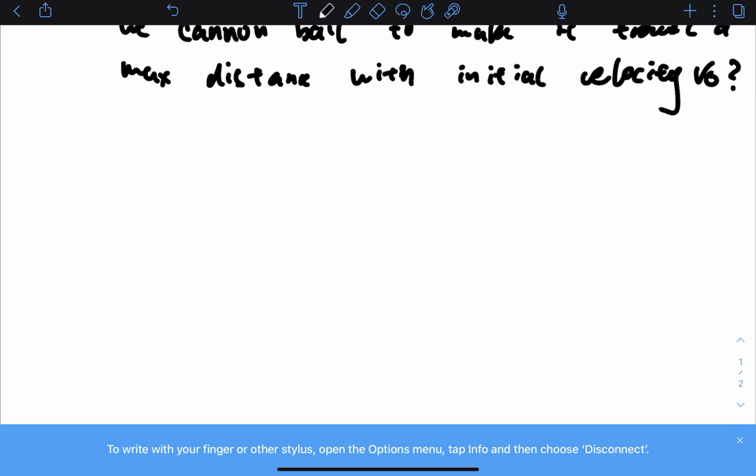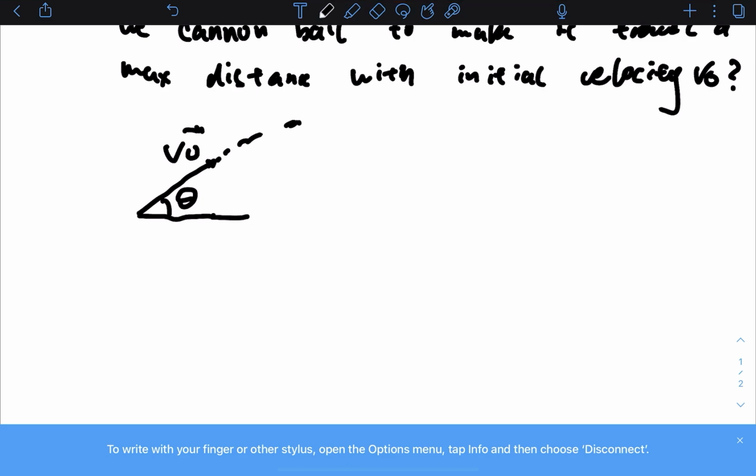And so first we need to think about what's really going on physically. There is some initial velocity and there is an angle theta with respect to the horizontal axis. It's going to travel this way, reach a maximum height and then hit the ground over here.